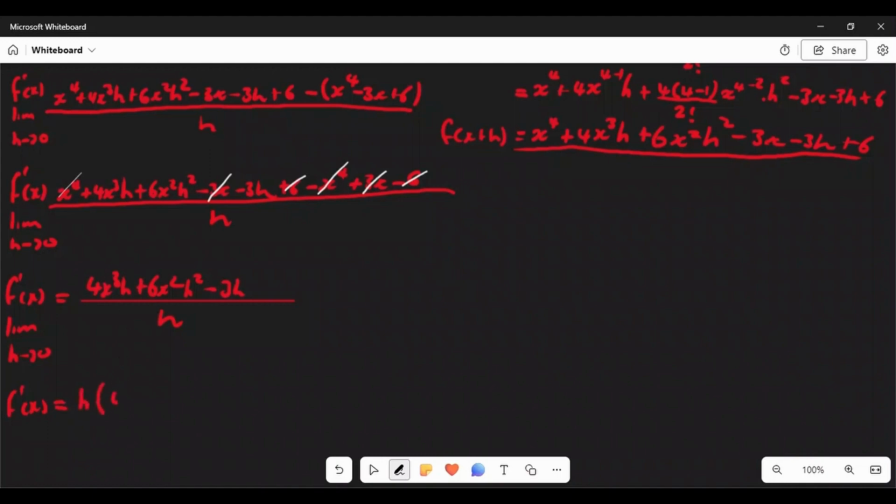So the first term is going to be 4x cubed plus the second term is 6x squared h minus 3, which is the third term. Remember we took out the common factor, divide by h. Now as long as we haven't substituted h, we must write this limit as h approaches 0.